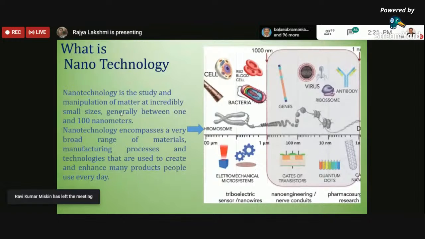Each and every aspect of our day-to-day life is directly connected to nanotechnology. So wherever you are boarding, either train or bus or flight, whatever it is.